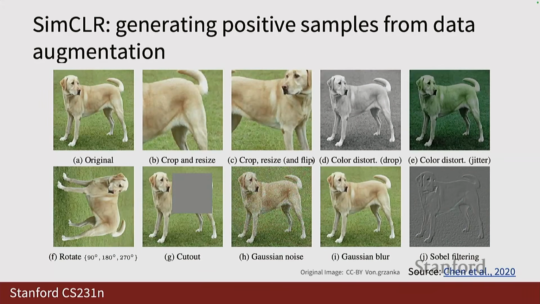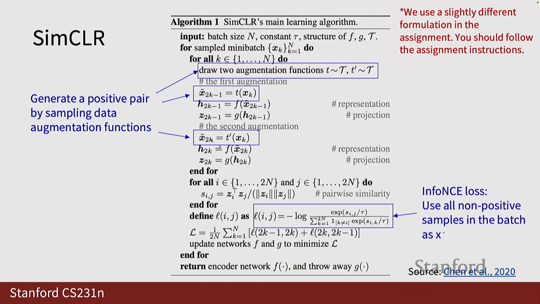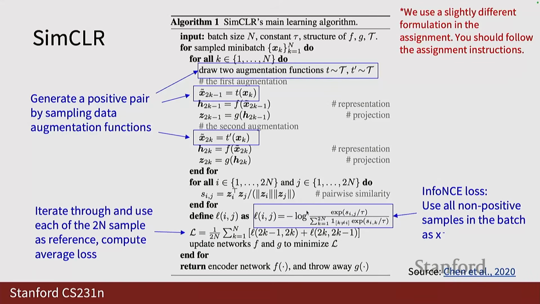And for generating positive samples, all sorts of transformations would make sense. The details are basically covered here. Generate a positive pair by sampling data augmentation functions. So we sample a few of those. Then we calculate the NCE loss on the pairs.